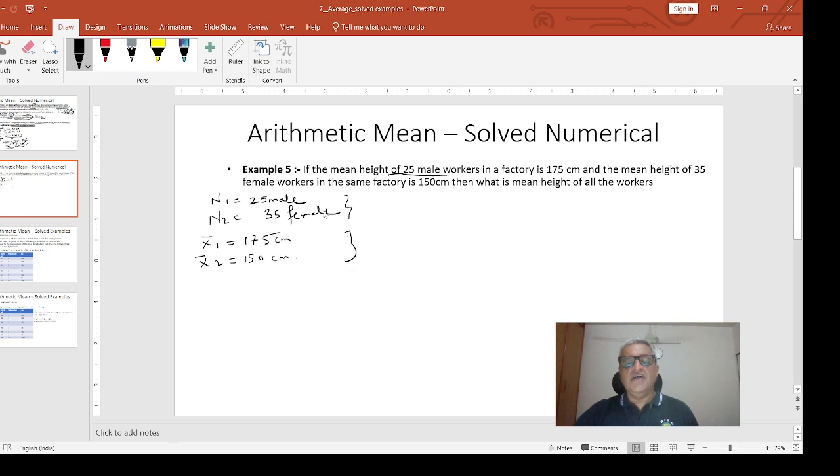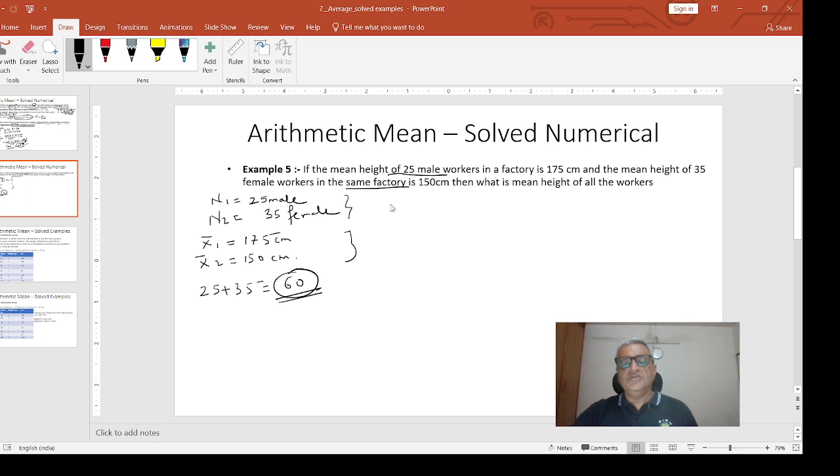So what is the average height in the factory? The total number of employees in the factory is 25 males plus 35 females, that is 60.